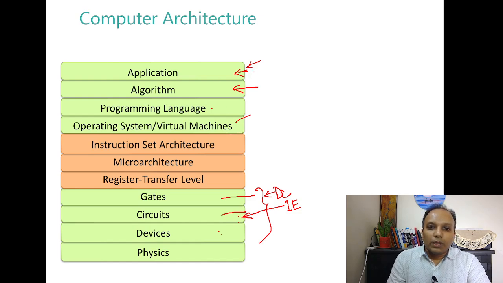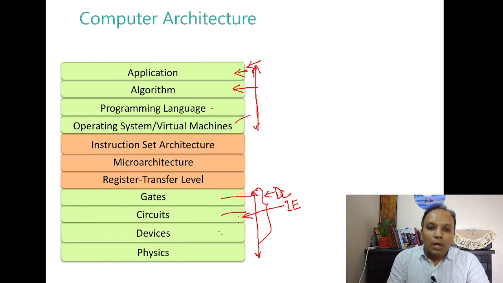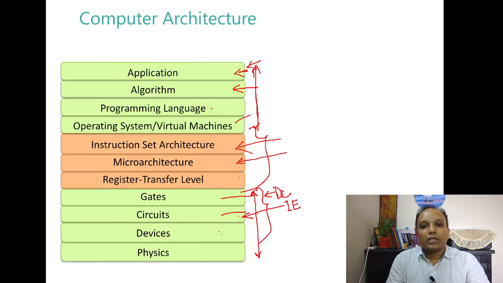Now, you see that these different abstraction layers, primarily these are very close to your applications, whereas these abstraction layers are closer to the actual device, the physics related to it, etc. Now, in between them reside the most interesting abstraction layers, which are instruction set architecture and microarchitecture.